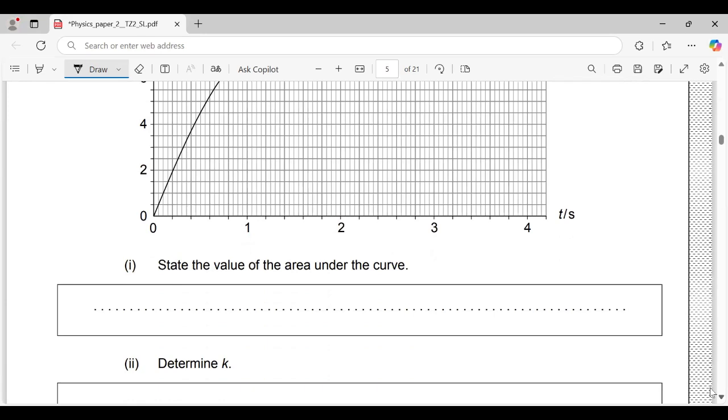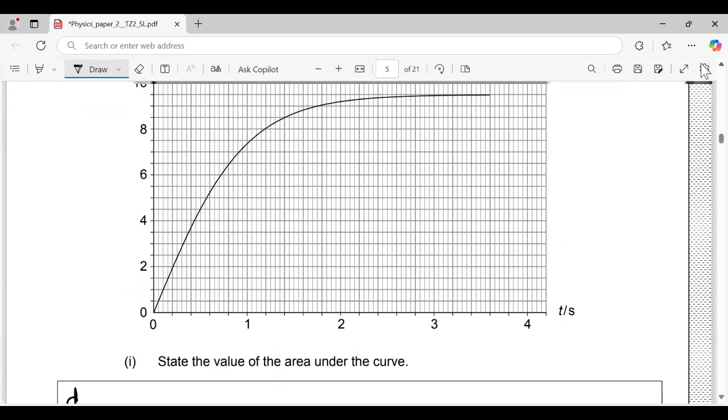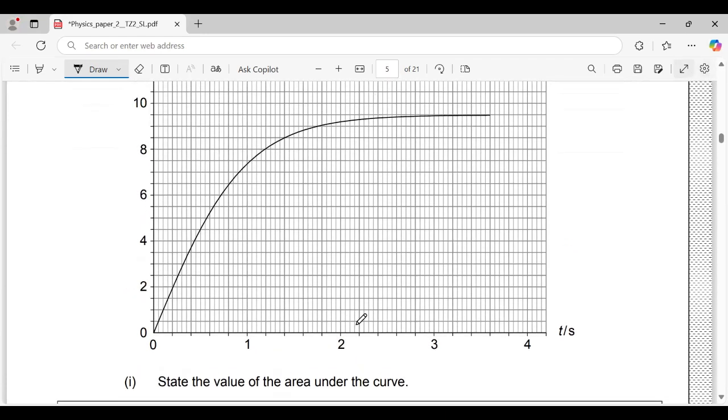State the value of the area under the curve. Area under the curve, actually, that is displacement. So how do we determine displacement? Let us look at this graph.